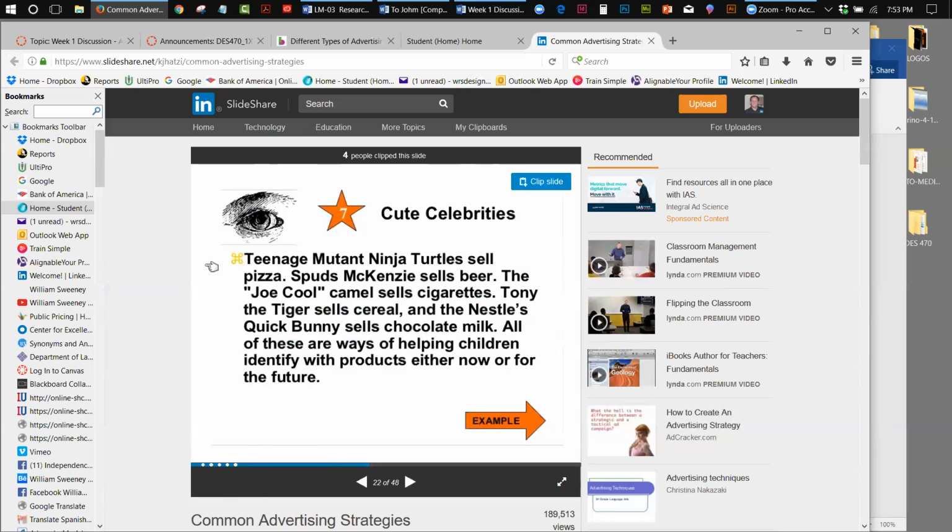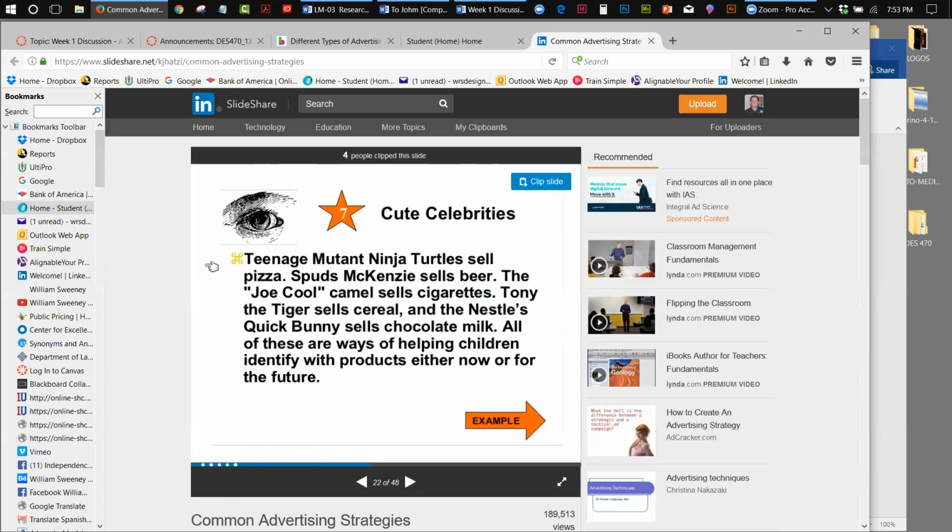Well, guess what? When they say now or for the future, that means that since these have been around since the 60s, all of us, I'm 65 years old, I know every one of these characters for different reasons. Teenage Mutant Ninja Turtles, for instance. My son loved them, so I know what they are. Spuds McKenzie, I'm not a big Budweiser beer drinker, but I know who he is.